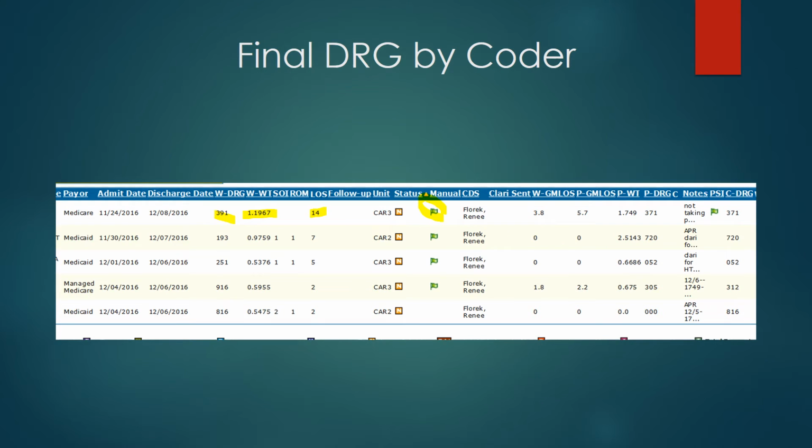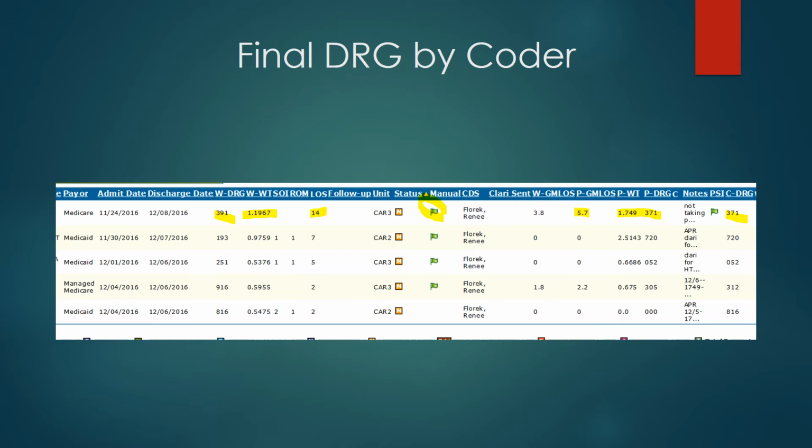Here, there was a clarification written on this case, and it was answered. And it looks like the possible length of stay changed to 5.7, and the possible weight and DRG were different. They were 1.7 to 371.